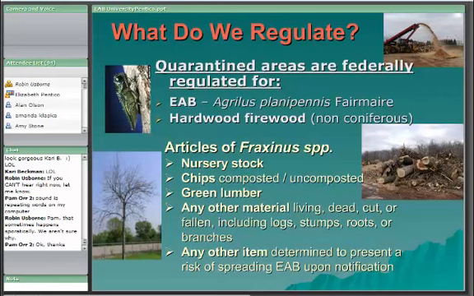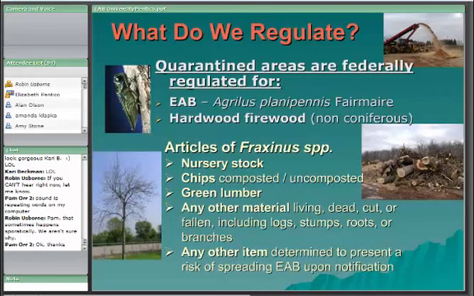Chips are regulated, whether they're composted or uncomposted. Green lumber is regulated. Any other material, living, dead, cut, or fallen, including logs, stumps, roots, or branches, these basically any untreated ash material. And then if there were some item that we found that presented a risk, we would have to notify the person, and then we would regulate that article.